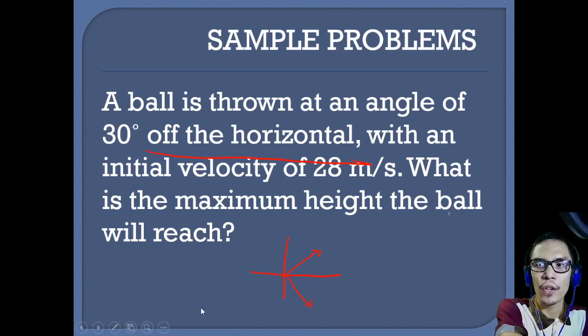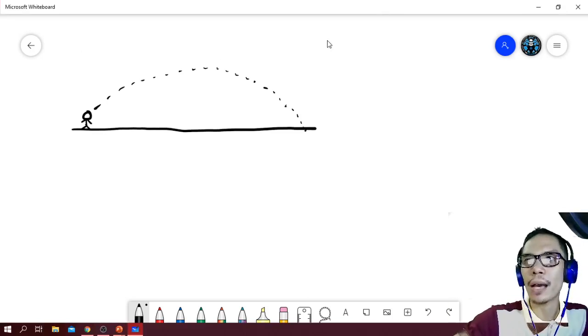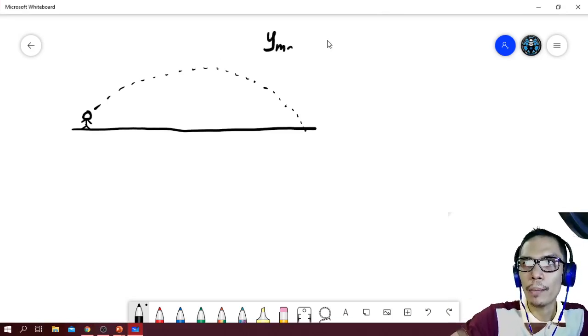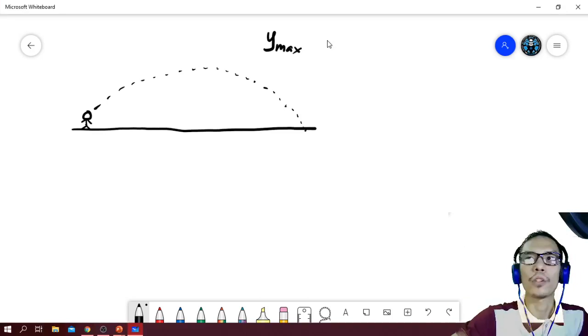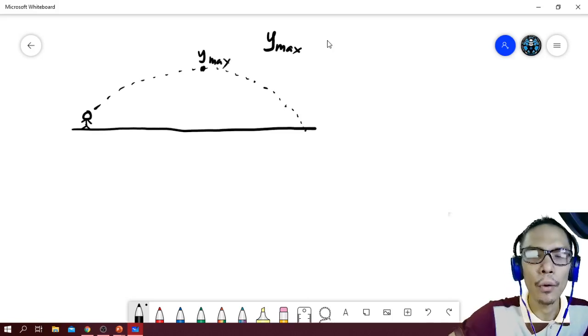So 30 degrees off the horizontal, then initial velocity of 28 meters per second. What is the maximum height that the ball reaches? In this problem, we are looking for the Y max. This is the maximum height. So Y max is over here.